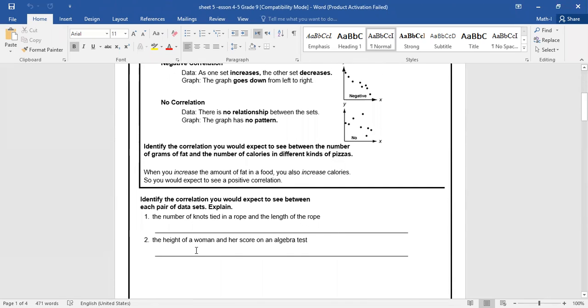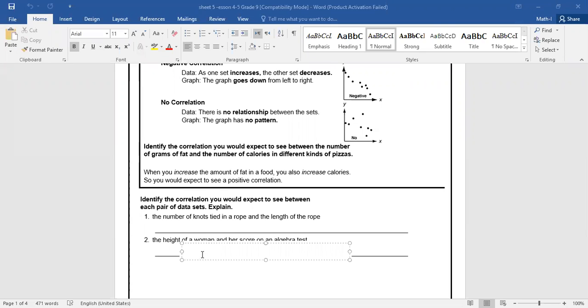Next, the height of a woman and her score on the algebra test. What is the relation? Positive, negative, or no correlation? This one should be no correlation, because a short woman will not necessarily fail the algebra test, right?